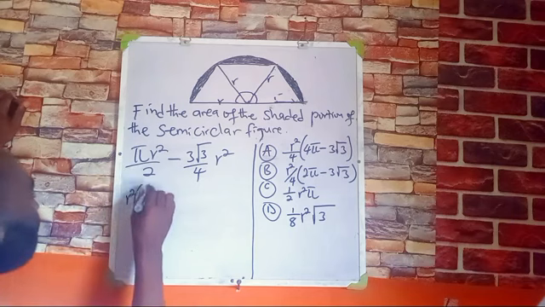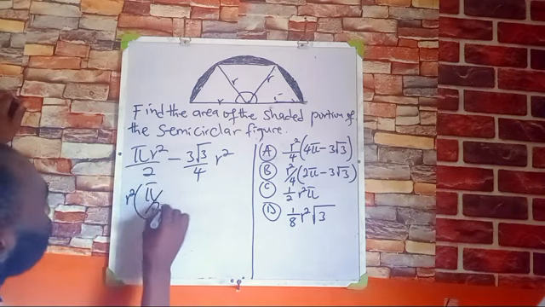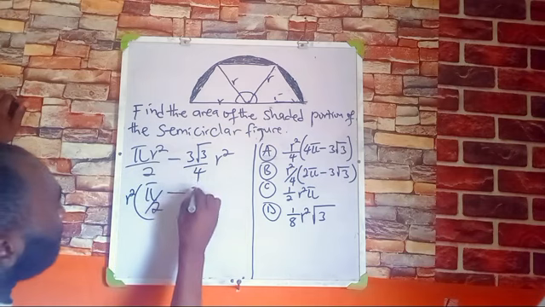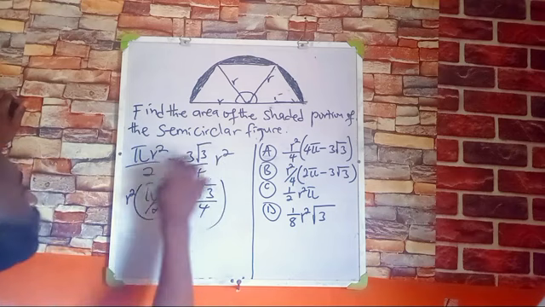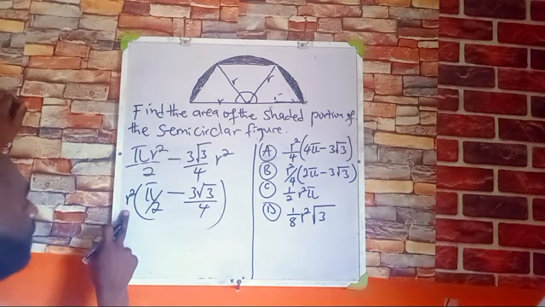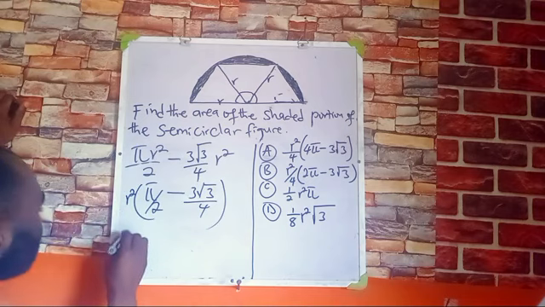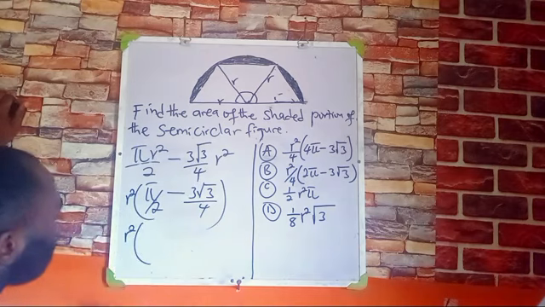From the first we now have pi all over 2 minus 3 square root of 3 all over 4, times r square, bracket open.